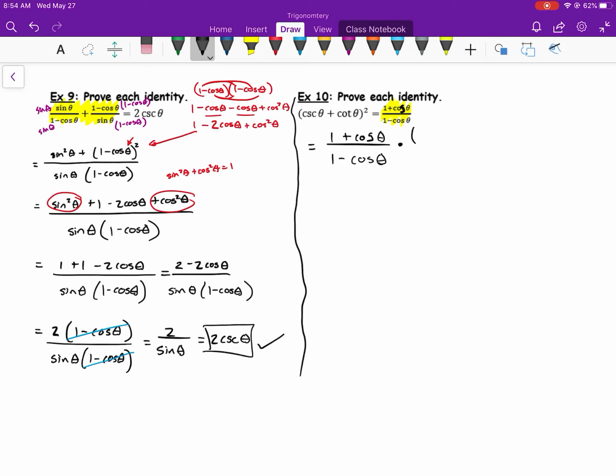What I'm going to do is multiply top and bottom by 1 plus cosine theta. It's kind of like doing the conjugate when you're trying to rationalize the denominator. I want to force some things in the bottom to cancel out. So we got some foiling to do here. Top, I get 1 plus cosine theta quantity squared. And bottom, do my scratch work up here.